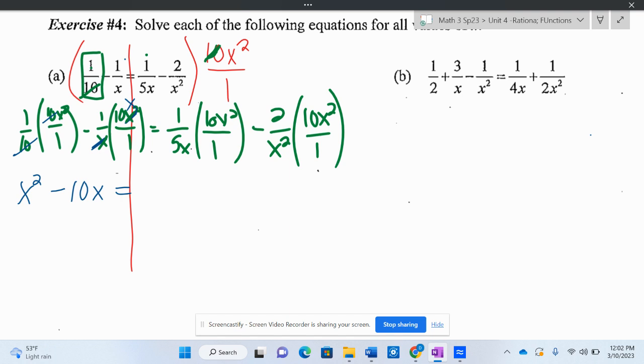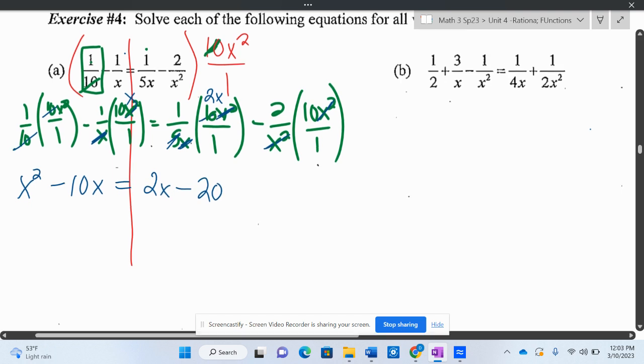I have a 5x in the denominator and a 10x squared in the numerator. 5 will go into itself 1 time, and 5 will go into 10 2 times. X will go into itself 1 time, and x will go into x squared with 1x left over. So now that becomes 1 times 2x is 2x. Minus, we have a minus there, x squared cancel out. Do you guys see that? So I'm left with 2 times 10, which is 20.